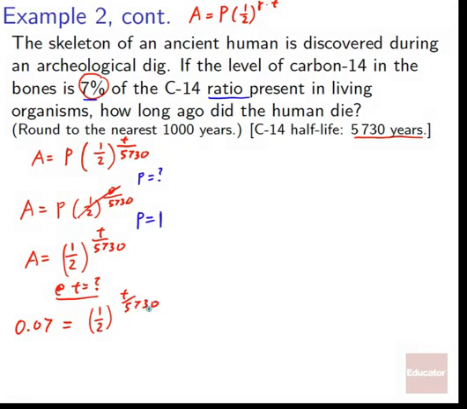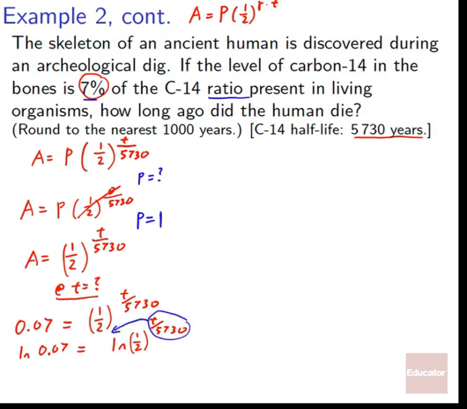Now, at this point, we could take log base 1/2, but I just feel like taking the natural log of both sides because we're going to have to do a change of base later anyway. So we've got natural log of 0.07 equals natural log of 1/2 to the t over 5730. So we can bring this down out front.